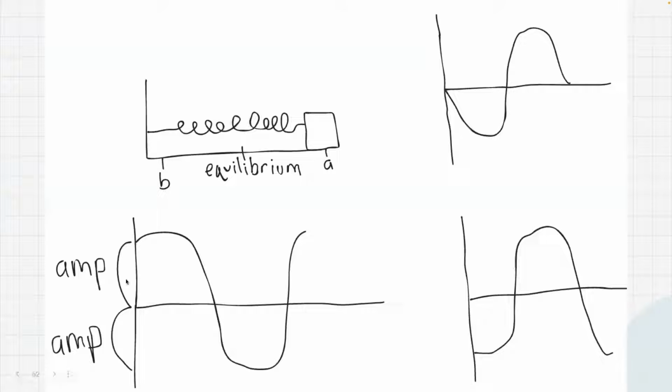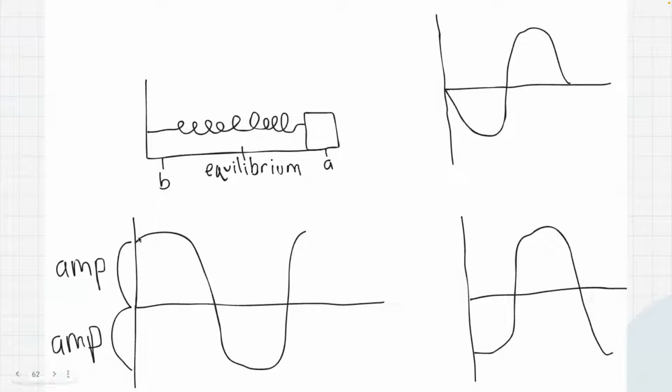And now out of these two, how do you tell which one's position and which one's not? So to do that, we're assuming, since it's displaced to the right, that its initial position is positive with respect to the equilibrium. So that means it's going to be this first one, bottom left.